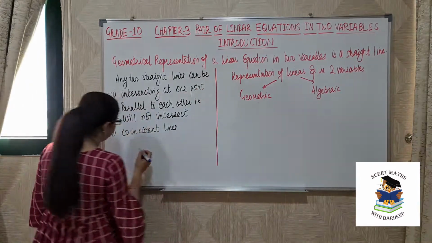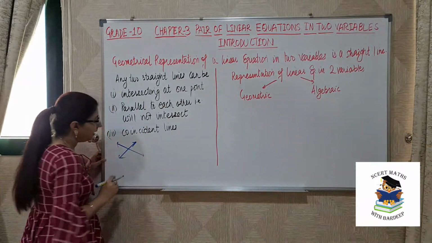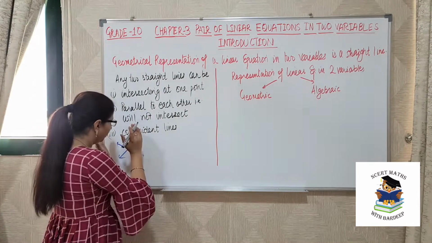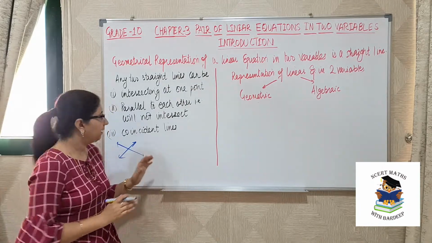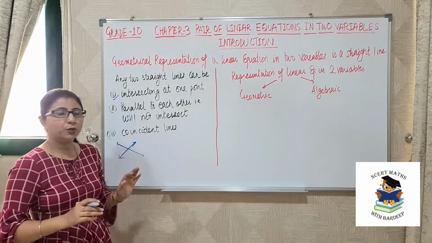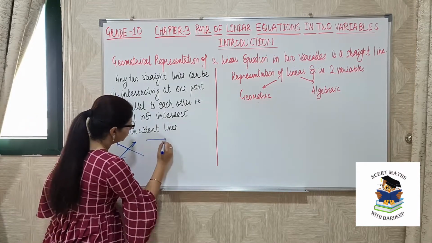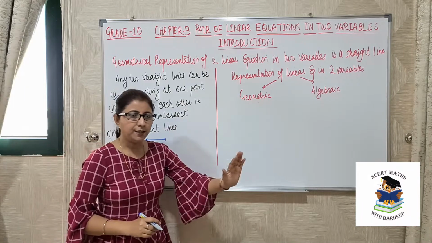Let me explain. If the graph intersects at exactly one point, this pair of lines is referred to as intersecting lines. That is the first condition. Second is the graph of these two lines may be parallel, this way. That means they will never intersect at any point.